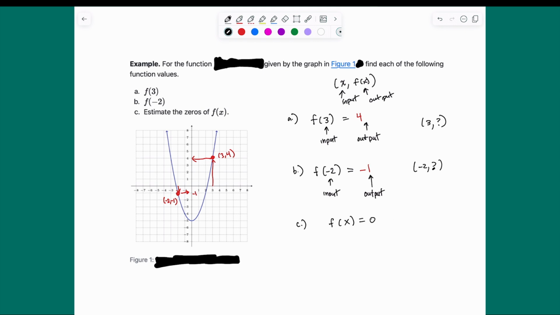So in this case, that means we're looking for ordered pairs of this form. Looking for that x value that gives us a y value of 0. In other words, that's the output, but we need to figure out what the input is. That's the unknown. Okay. And so, well, a y value of 0 means where it touches that x-axis.